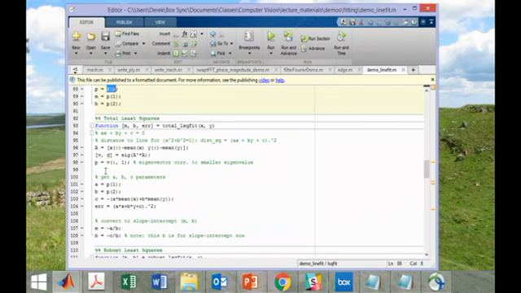Then I get A and B from this P that I solve for. And then remember that C is just minus 1 times A times the mean of x plus B times the mean of y. And my error is here.